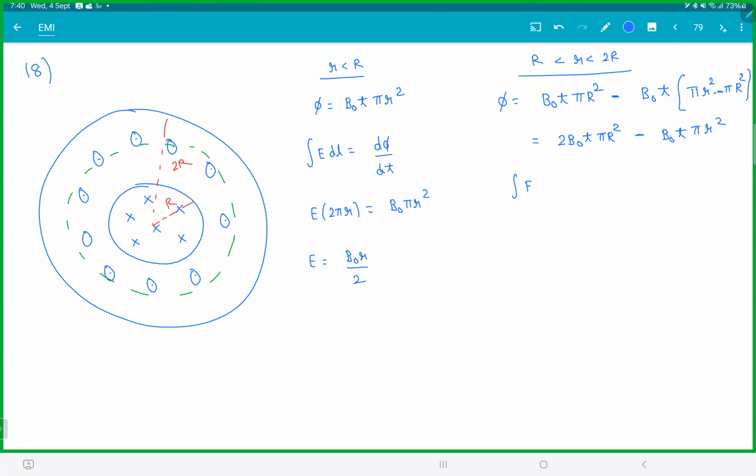Same story again: E dot dl is equal to d phi by dt. So this is E into 2 pi r, and this would be B naught pi. Pi will cancel. You will get B naught by 2 times R square by r minus r.